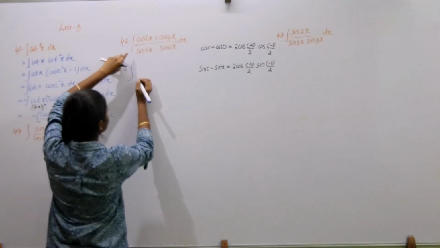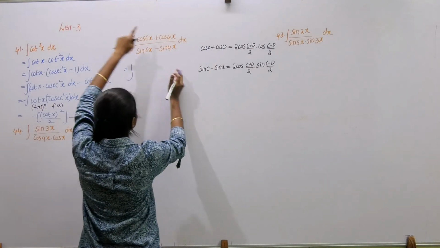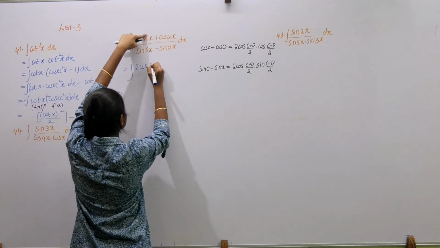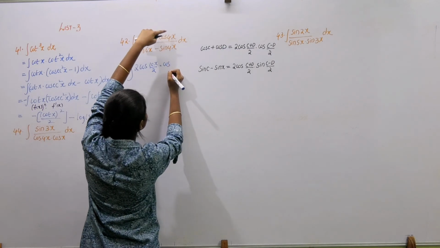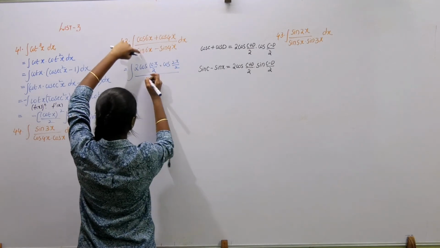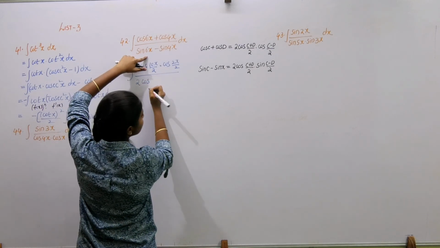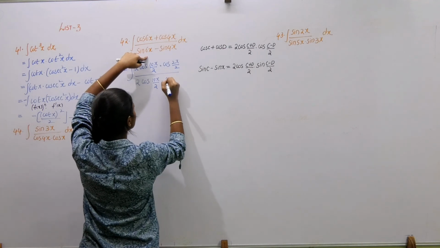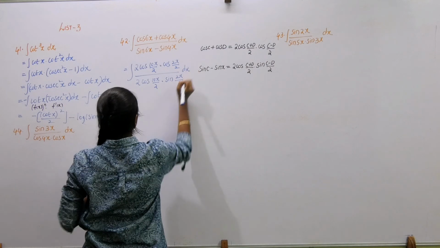When we substitute the formulas here, the value of c 6x, value of d 4x, it becomes 2 cos of 6x plus 4x, 10x by 2, into cos of 6x minus 4x, 2x by 2, whole divided by sin c minus sin d. It is 2 cos of c plus d by 2, 6x plus 4x, 10x by 2, into sin of c minus d, 2x by 2, dx.